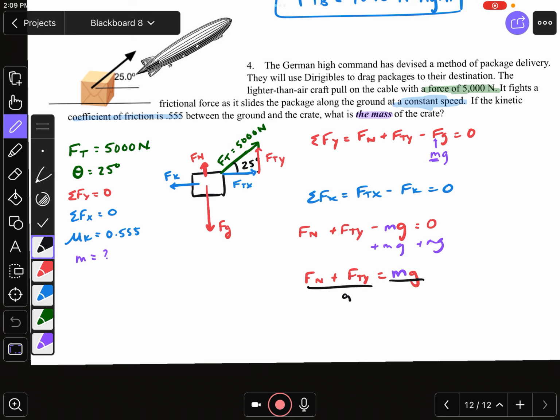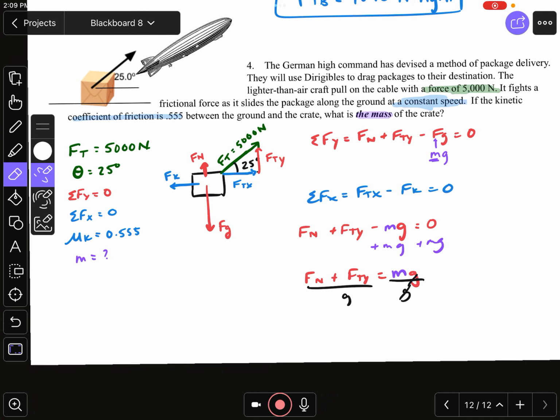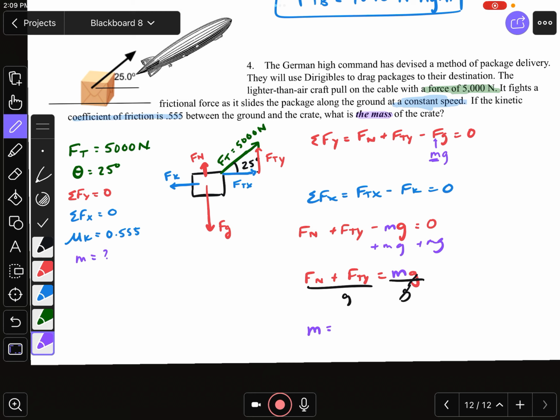I'm going to divide both sides by g. And I get that m is equal to Fn plus Fty divided by g.